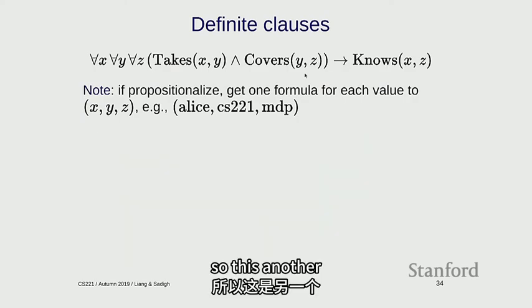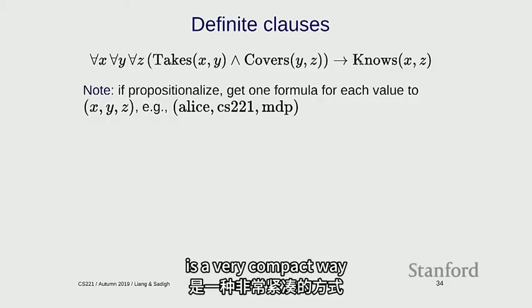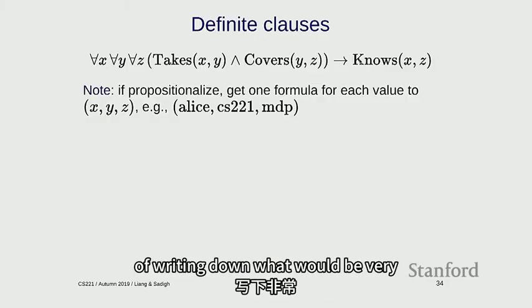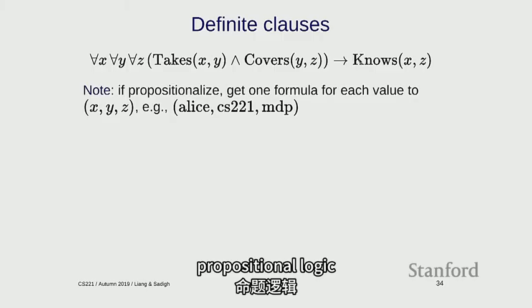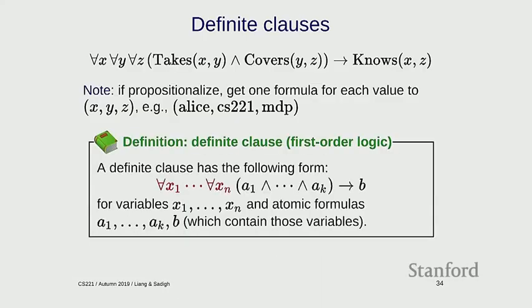So another way to think about this is that this single statement is a very compact way of writing down what would be very cumbersome in propositional logic, because you would have to instantiate all the possible symbols.